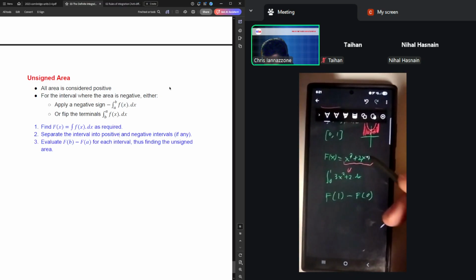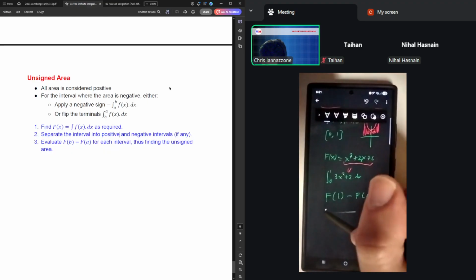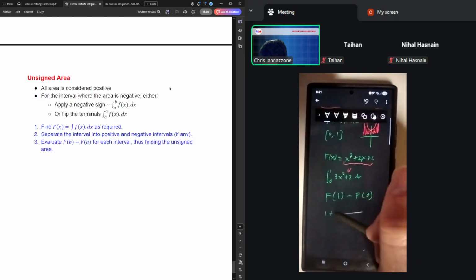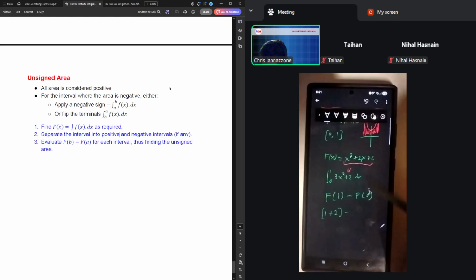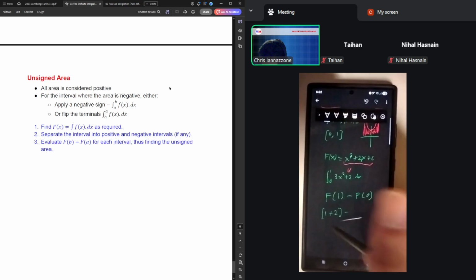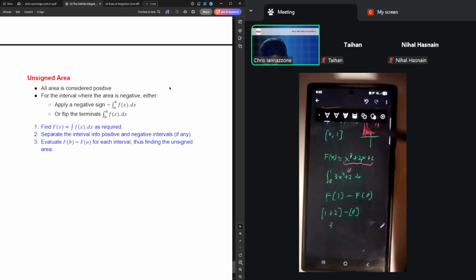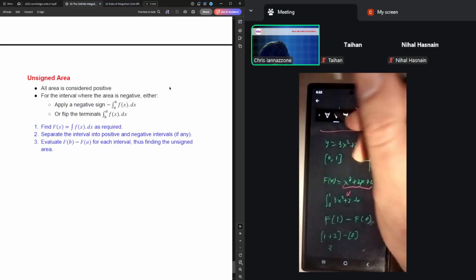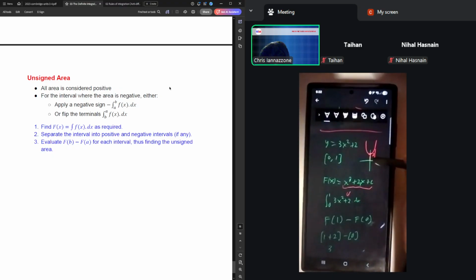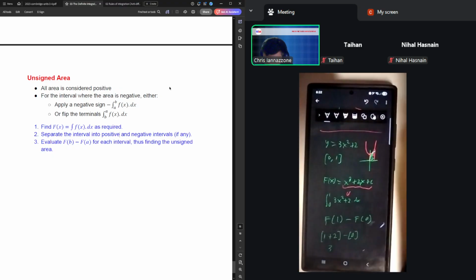Of course, we have our capital F of x already written there, so it's going to be 1 cubed plus 2 times 1 plus c, which we can ignore, minus capital F of 0, so 0, and c gets ignored. So, nice and easy. That tells us that the area from 0 to 1 has an area of 3.